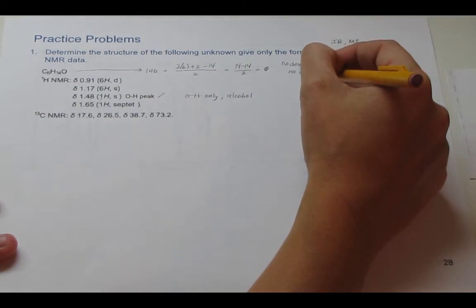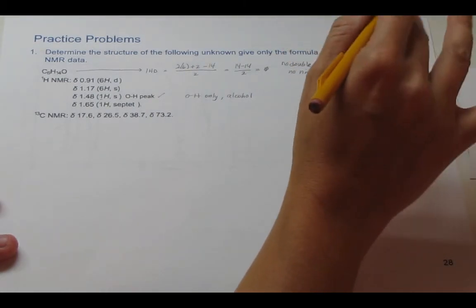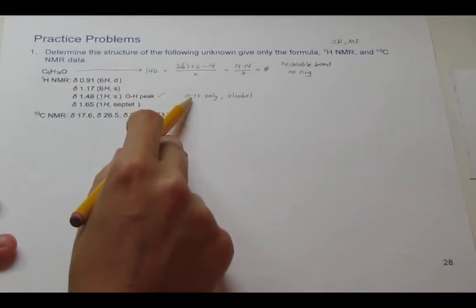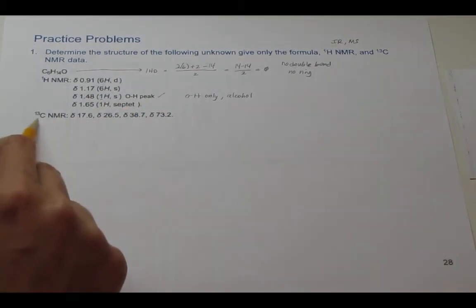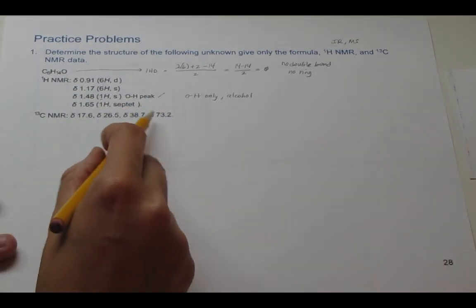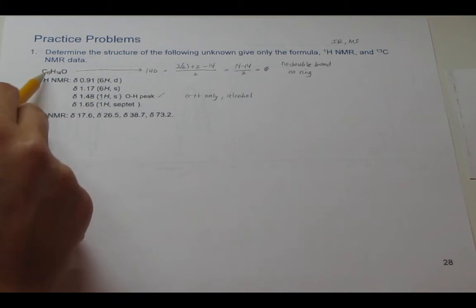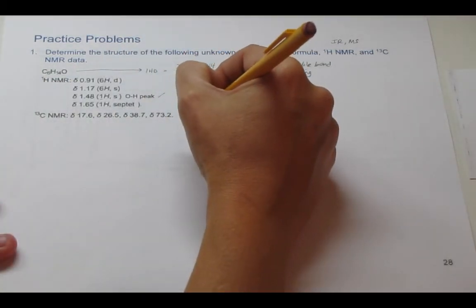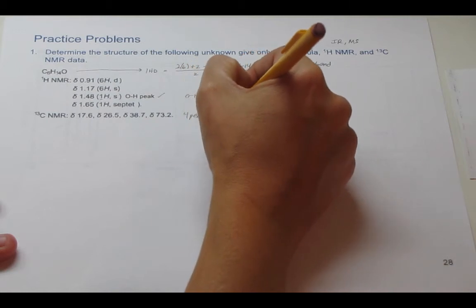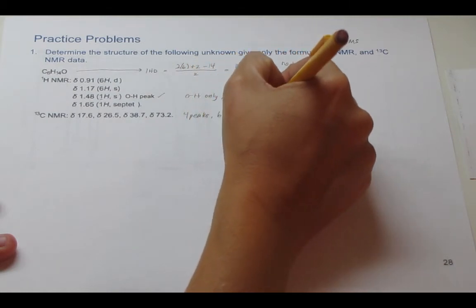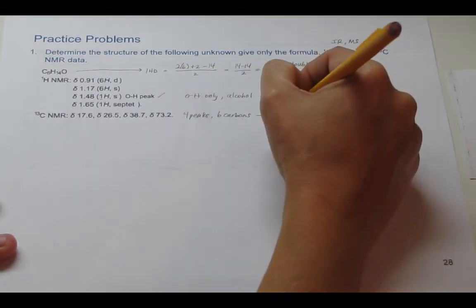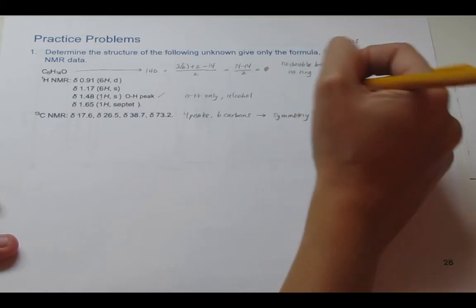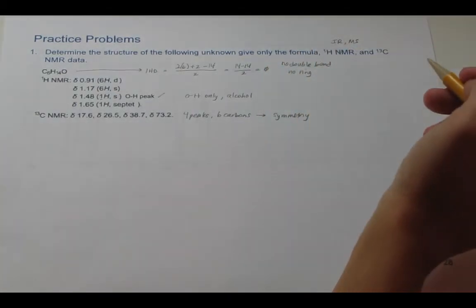There's no double bonds and no rings, so there's no alkenes or anything like that. So that's our only functional group. In carbon NMR, we have 1, 2, 3, 4 peaks, yet we have 6 carbons in the molecule. So 4 peaks, 6 carbons, and that tells us that we have some type of symmetry because we're not seeing all 6 carbons as unique.